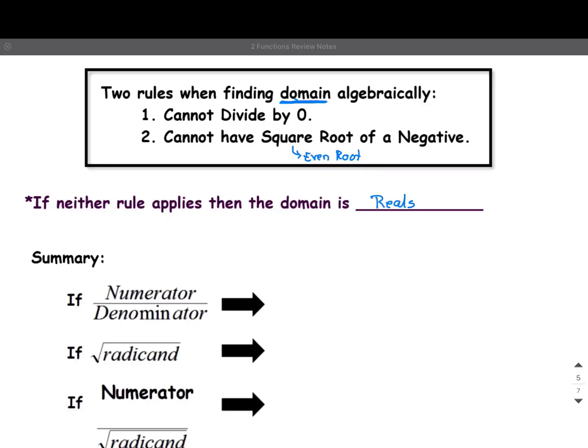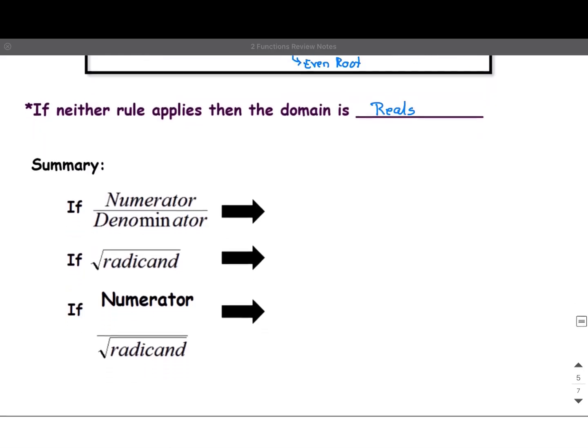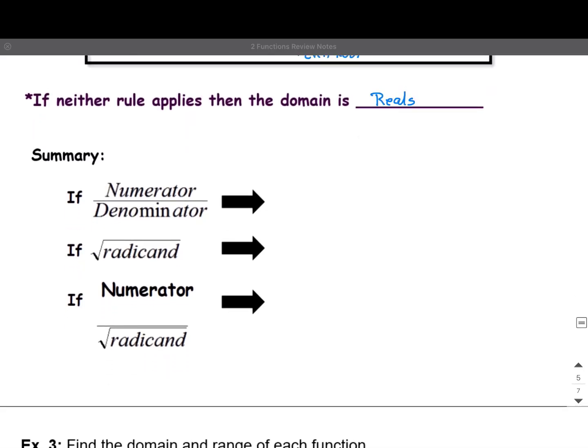Now let's look at that a little more carefully. If you have the fraction scenario, a numerator divided by a denominator, we know that you can't divide by 0. So that means your denominator cannot equal 0. You take whatever your denominator is, set it not equal to 0, and solve for x.